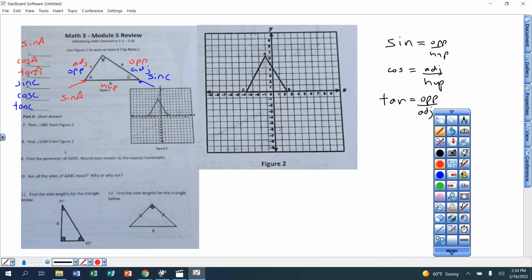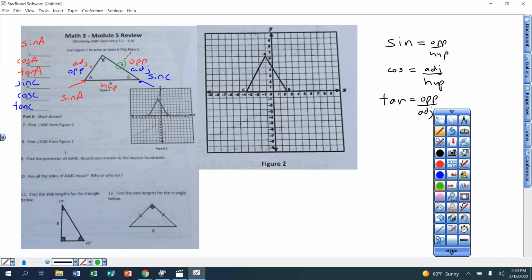If I'm doing sine A, coming in from angle A, opposite would be this little A piece right here, and adjacent would be here.